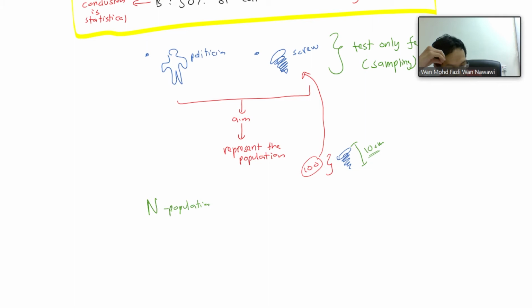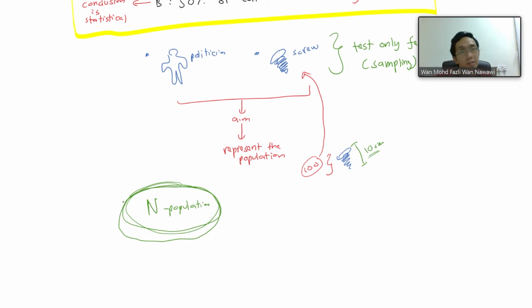In order to know the result exactly, you need to test every single one. If you want to know whether a politician is good or bad, you need to ask every individual in the country to be sure.